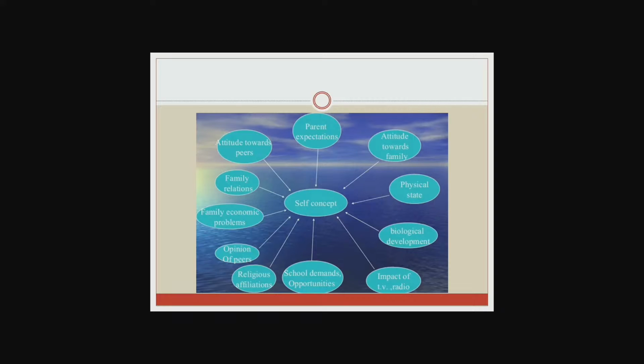Then opinion from the peer group, then family. The socio-economic status of the family plays an important role because it's a costly affair. Larger family size, the lower socio-economic group, they can't afford this costly treatment, so they need some help in proper social and psychological development.